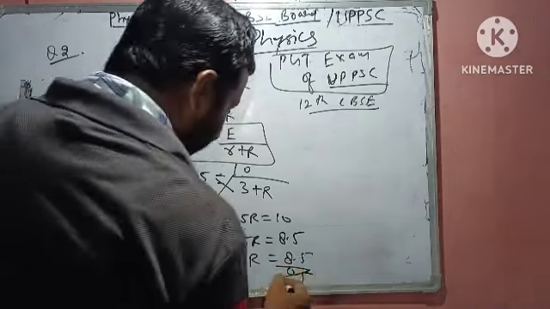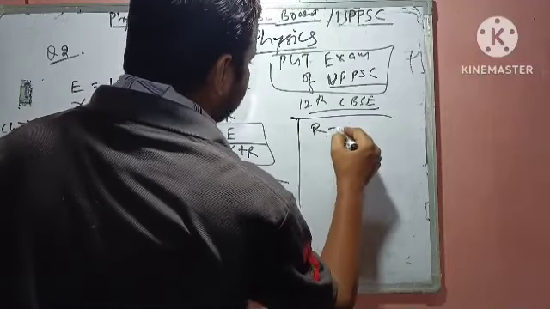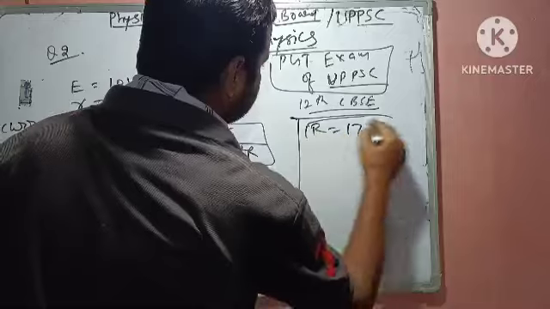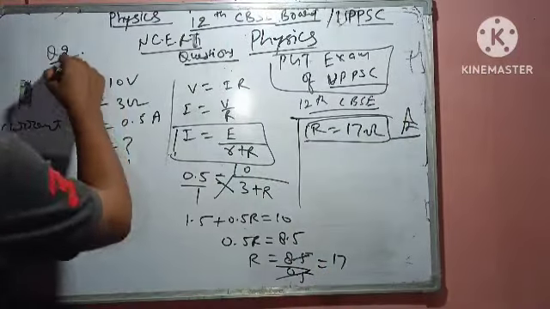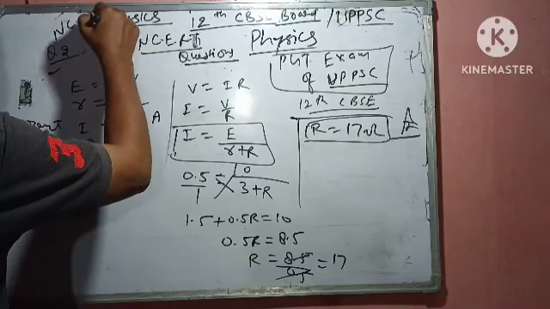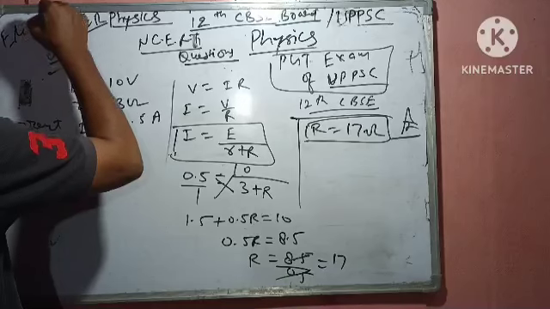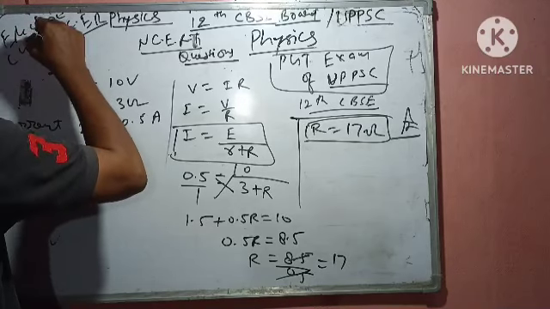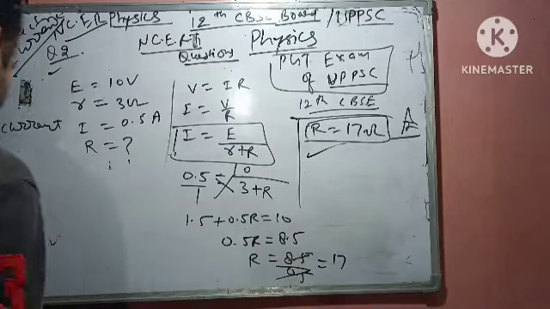Then we find 17 ohms. The external resistance is R is equal to 17 ohms. This is your answer to question number 2 of the NCERT questions of electric current.